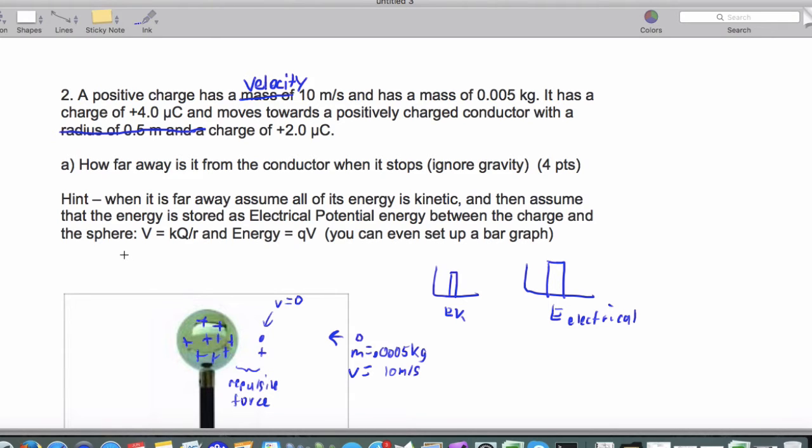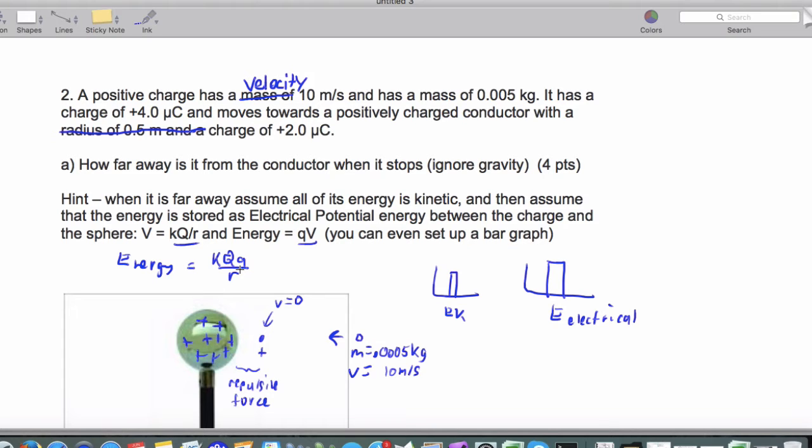So I'm going to write an energy equation for a conducting sphere and the charge that is acting on it. This energy is stored between the two charges. So we're going to have K, Q of the conductor, Q of the little charge that's moving towards it, divided by R.